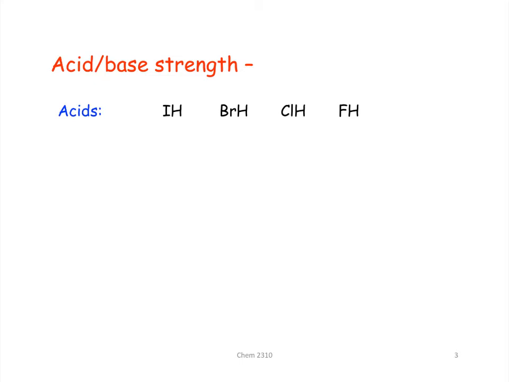All right, so just like what we did last time, we want to consider the conjugate bases and consider the relative stabilities of those conjugate bases. So let's draw our equilibria. We're going to have I minus plus H plus, Br minus plus H plus, Cl minus plus H plus, and F minus plus H plus.